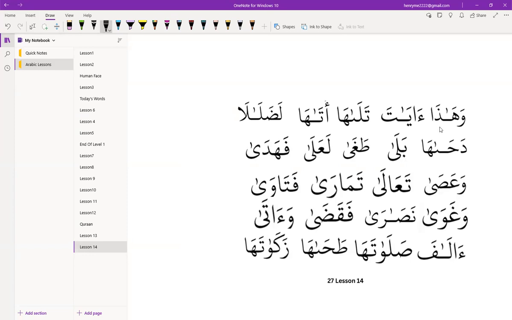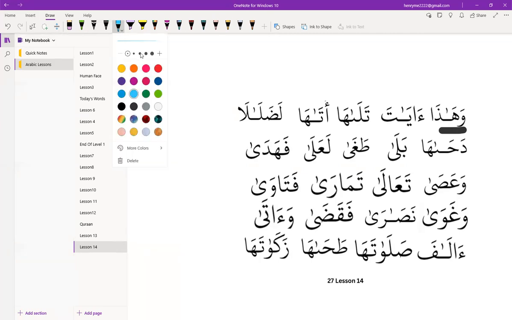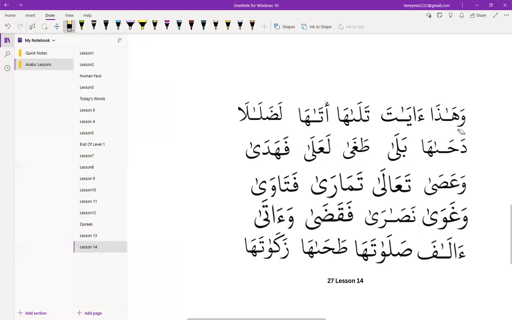Wahadha. MashaAllah, wahadha. Now, if you notice in this word, we have two locations for the long fatha.